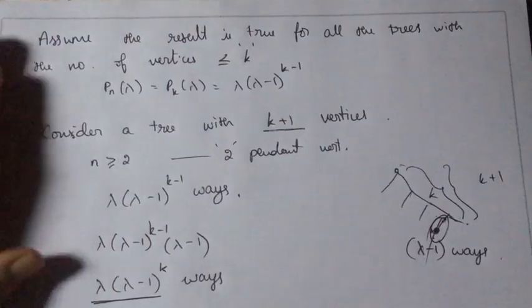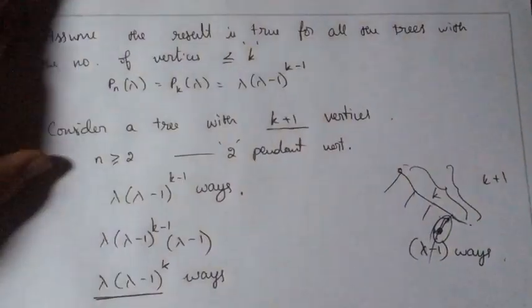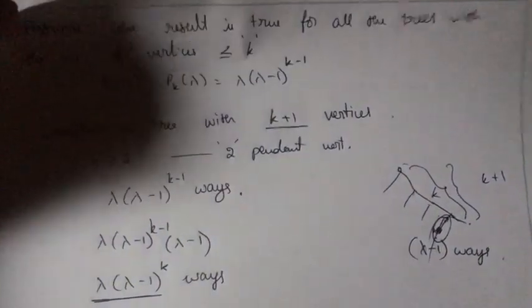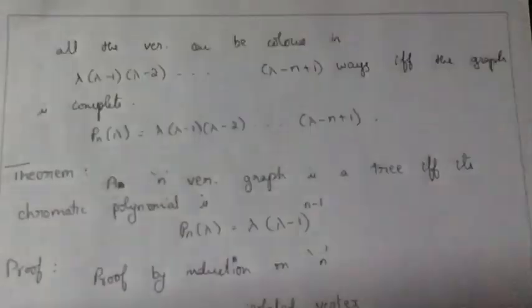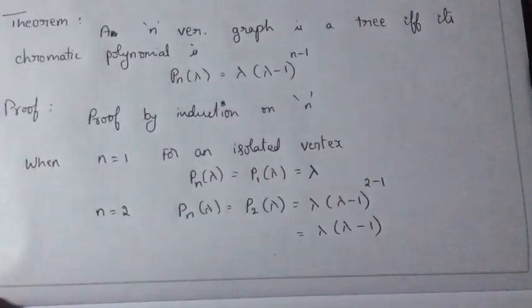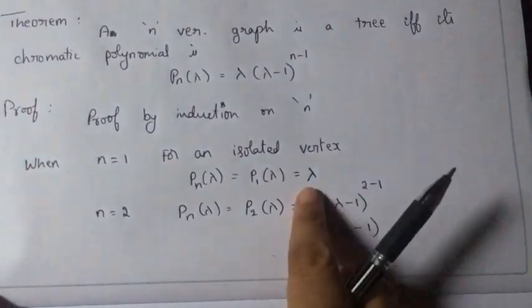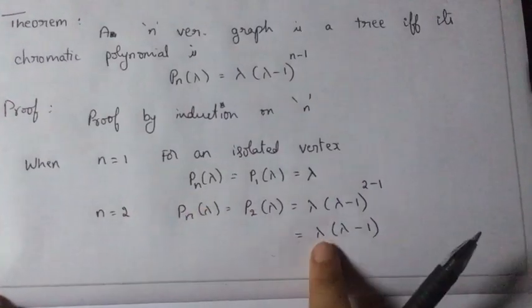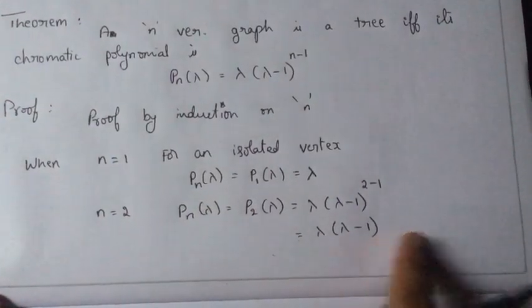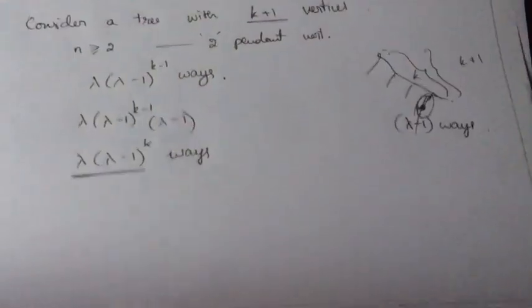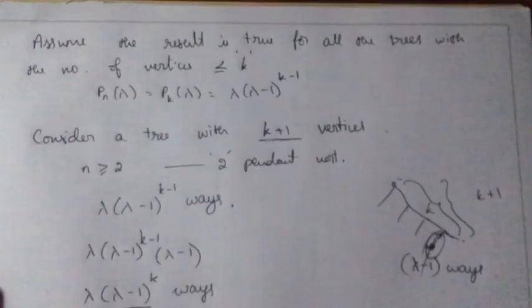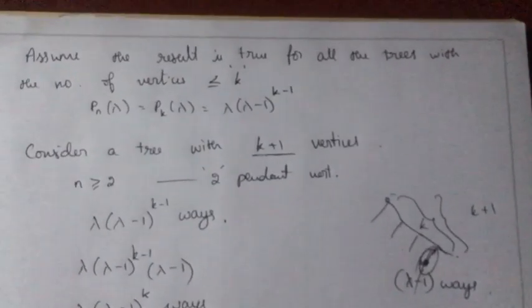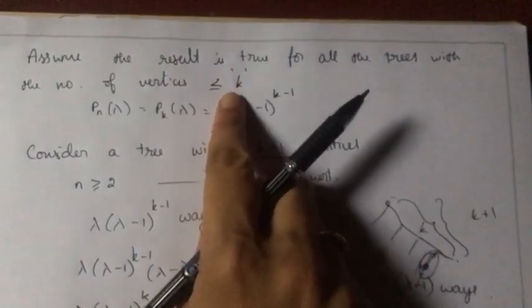I repeat, initially I take the number of vertices as 1 and I get Pn of lambda equal to lambda. When I take n equal to 2, I get lambda into lambda minus 1. I'll assume that the result is true for all the trees which have k vertices.